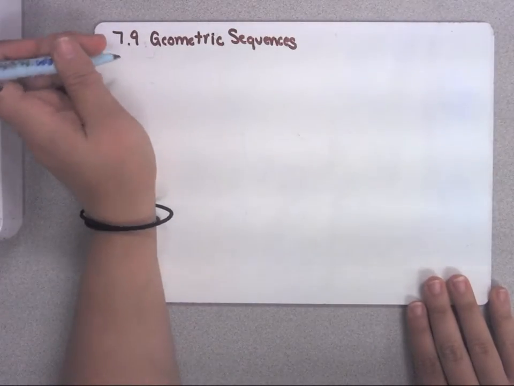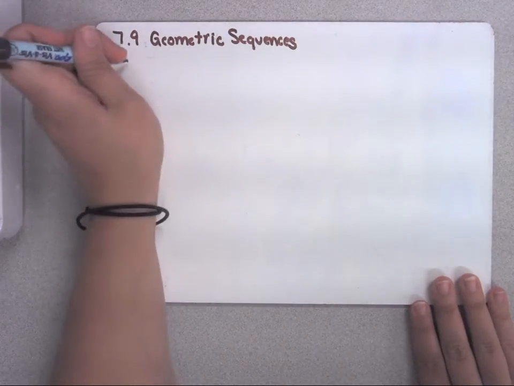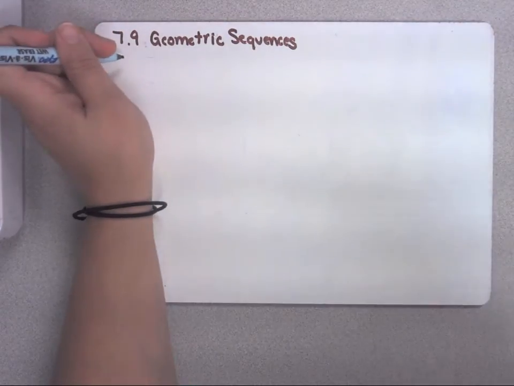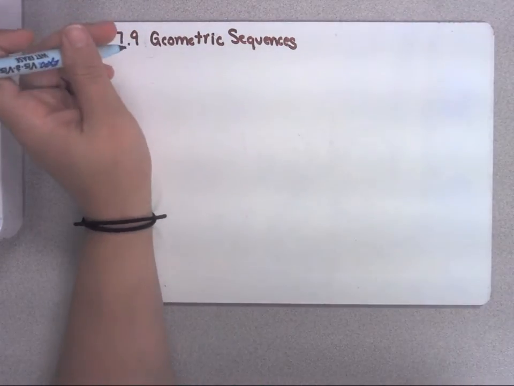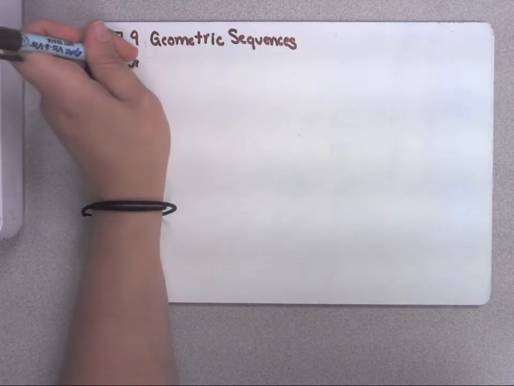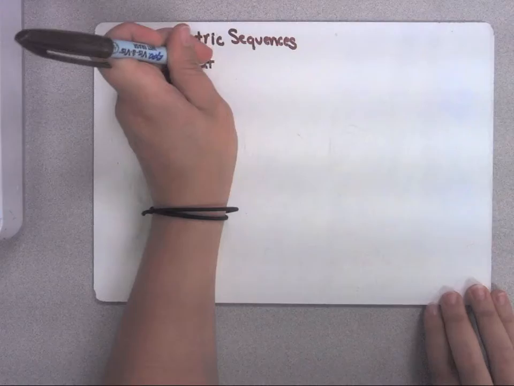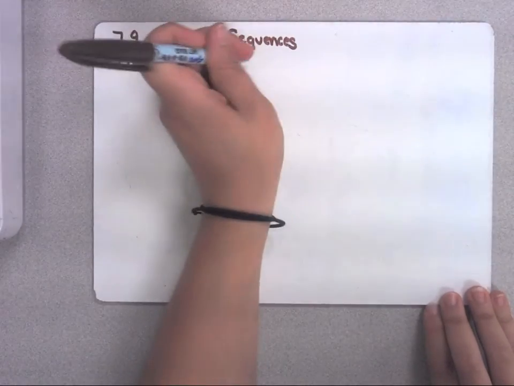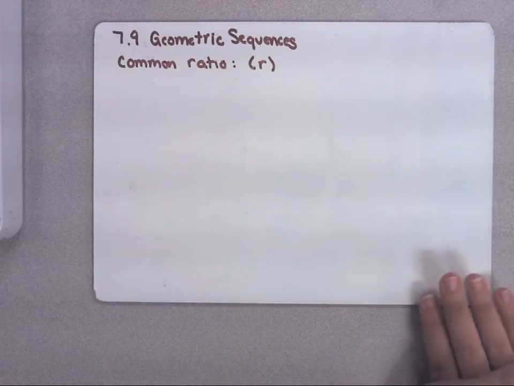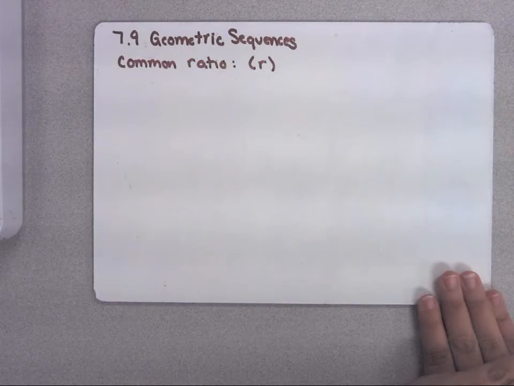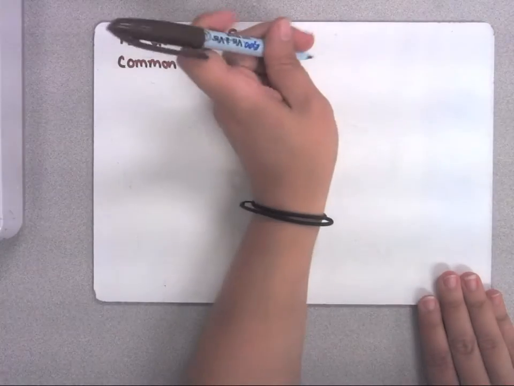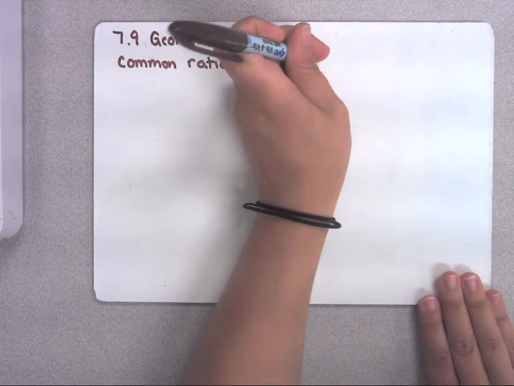But okay, so a sequence, remember, is like a list of numbers. So geometric, it uses a common ratio. We represent it with the letter R. What it is is multiplication.